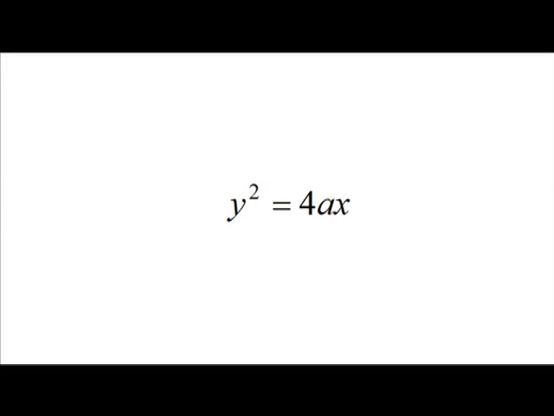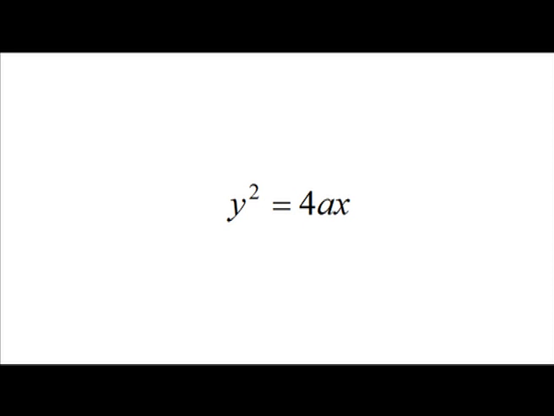We now consider an example discussing the way of obtaining parametrization of a given Cartesian equation where y is not given directly in terms of x. Let us parameterize the parabola given by the Cartesian equation y square is equal to 4ax.